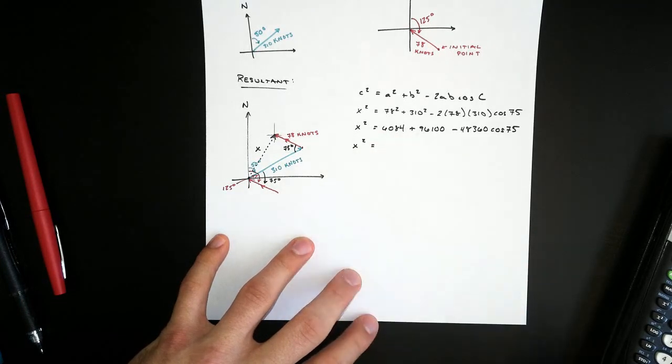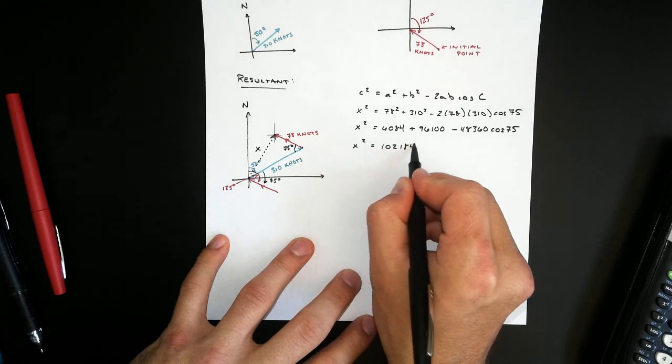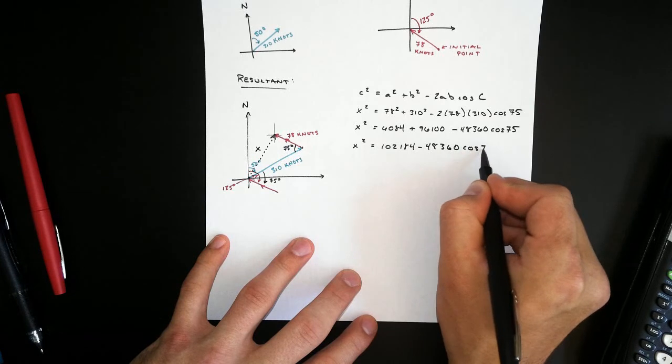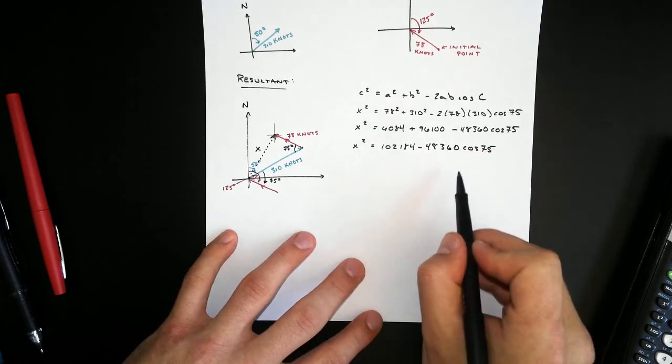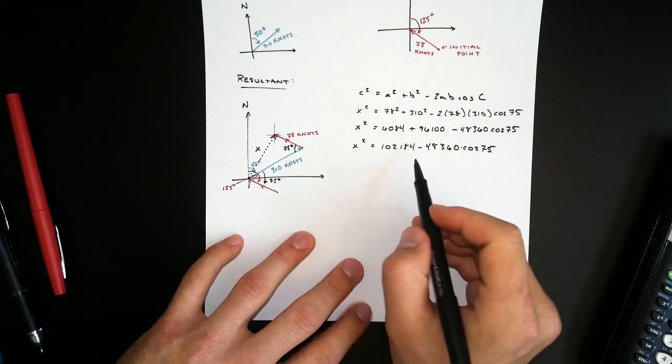Got some like terms you can combine here. 6,084 plus 96,100, 102,184. And then from here, remember we do just have to be a little bit careful with our order of operations. We would have to do this multiplication first before the subtraction.